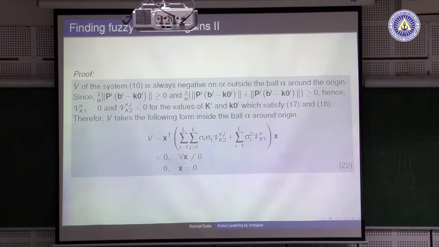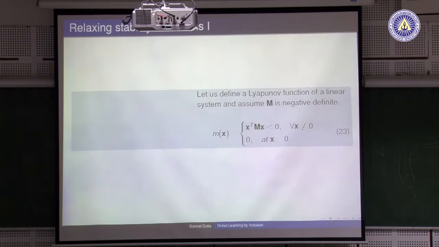When there are many minute features in the trajectory, it simply overlooks them and tries to reach the equilibrium point. That is why we try to relax that constraint. Now, I will discuss the idea behind relaxing this stability constraint.